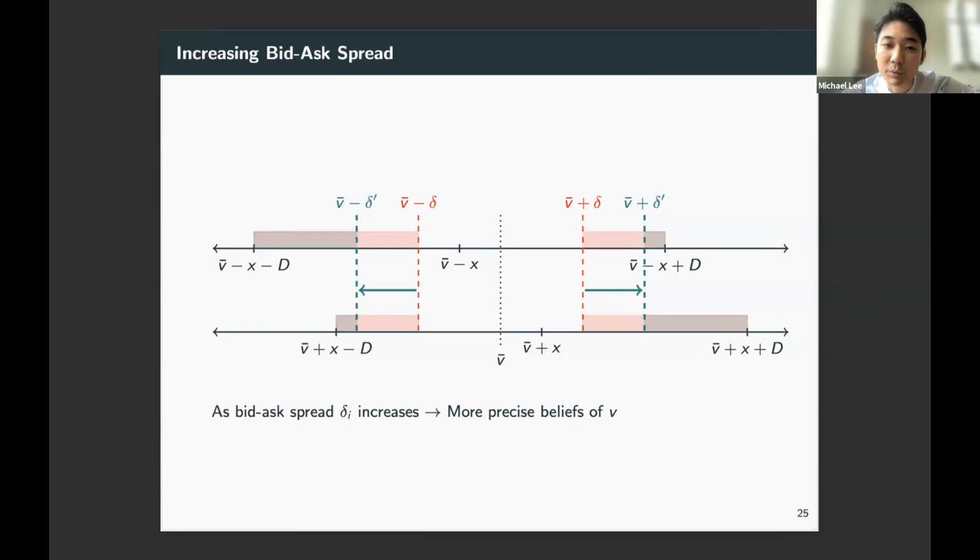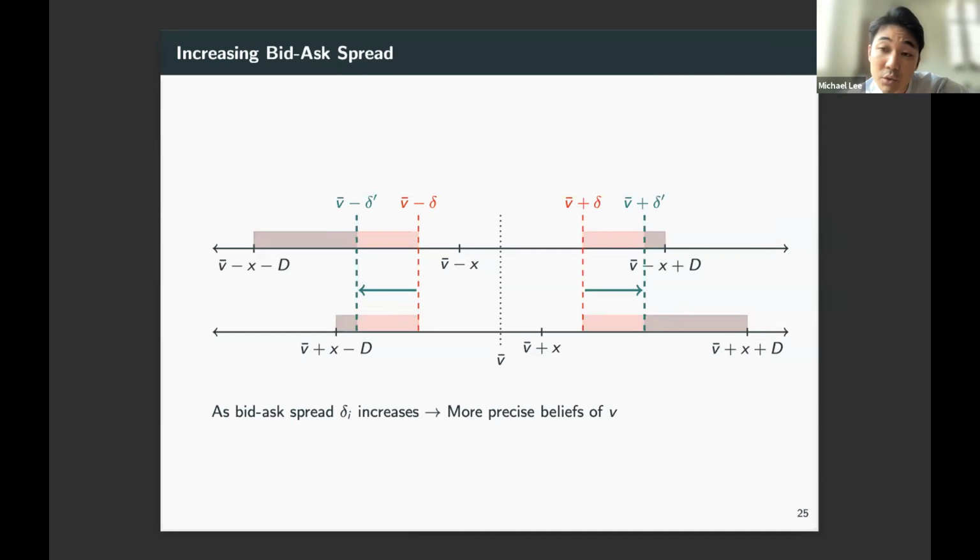Let's be more precise, let's suppose that all the dealers chose a market making strategy of delta. Suppose you're a long dealer, so you've just acquired an asset from the trader. That means that your posterior beliefs shift such that you think, okay, someone was willing to sell the asset at my price. That means that maybe the value of the asset is low. Now your values are skewed low. When you meet a short dealer, they've just sold an asset to a trader, so they have the opposite beliefs entering the interdealer market.